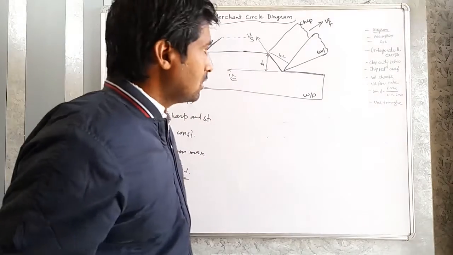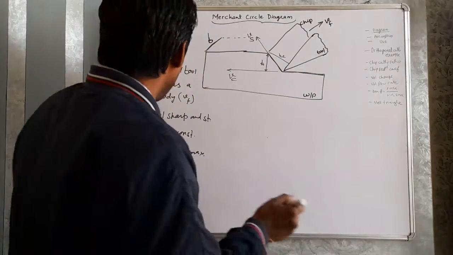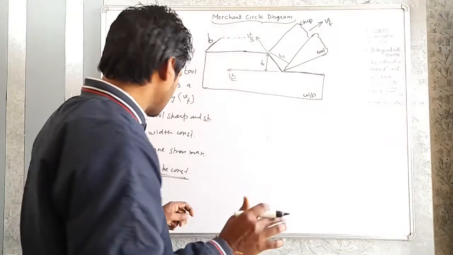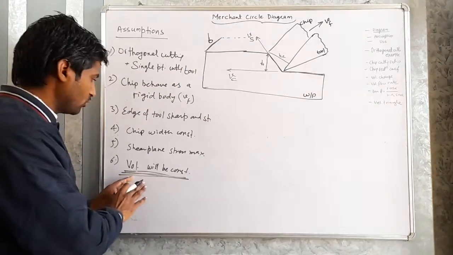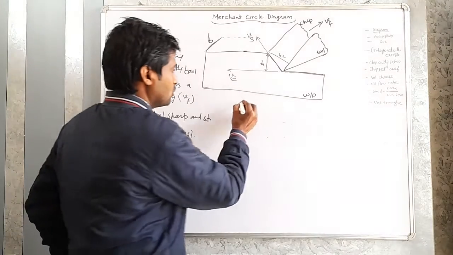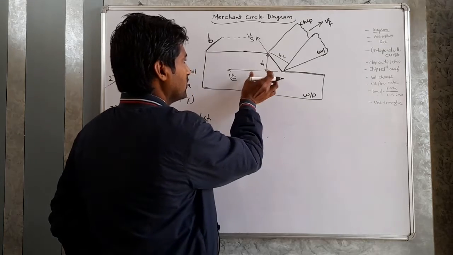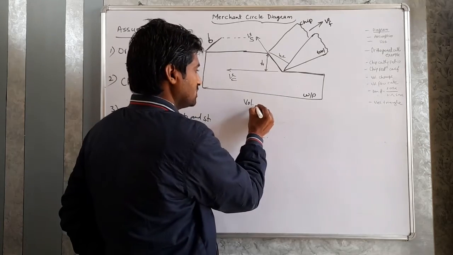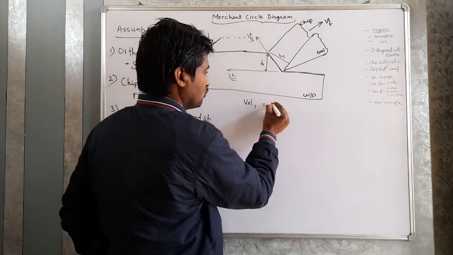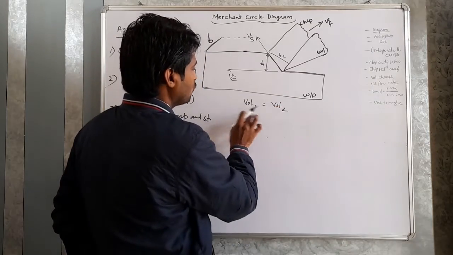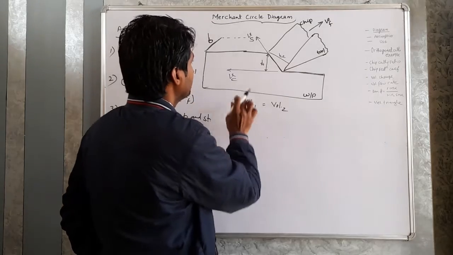Next, volume. One of the assumptions is that volume will be constant. So suppose volume before cutting, we say volume 1 equals volume after the cutting, volume 2. So how will we find this volume 1?